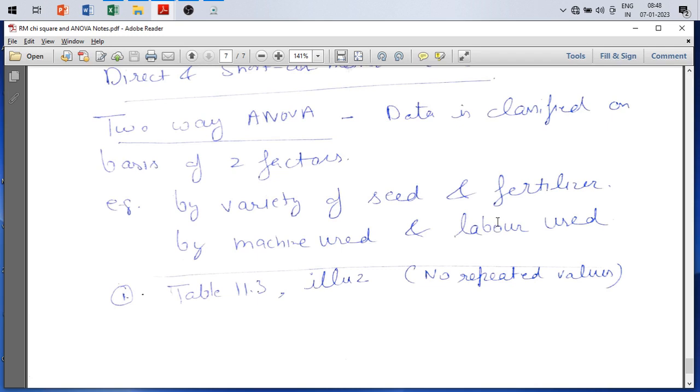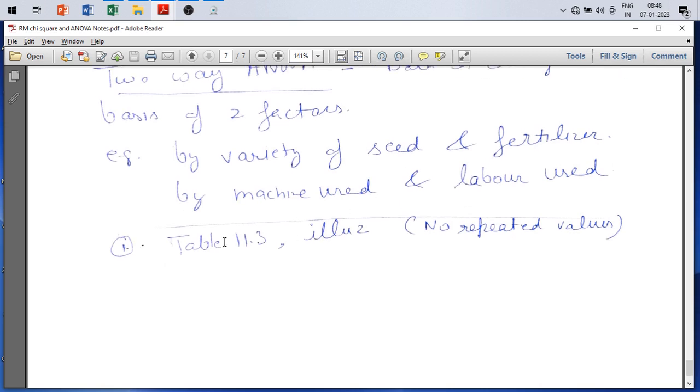And the method for two-way ANOVA is slightly different, and we are going to look at table 11.3 in the textbook and illustration 2 in the textbook for two-way ANOVA.